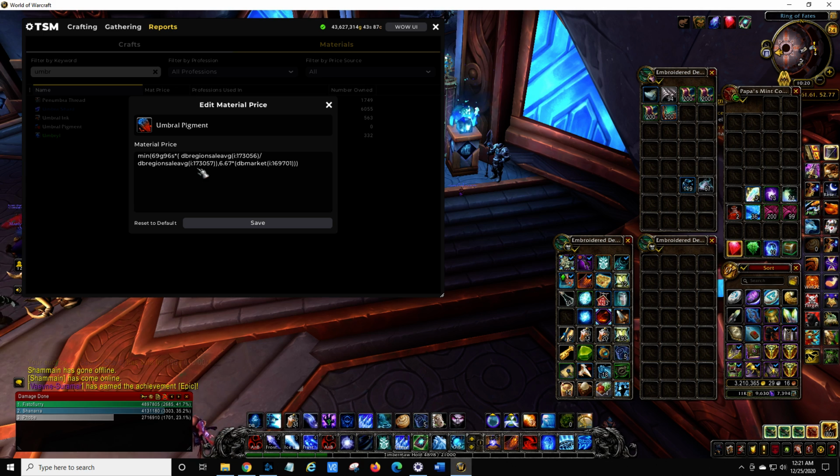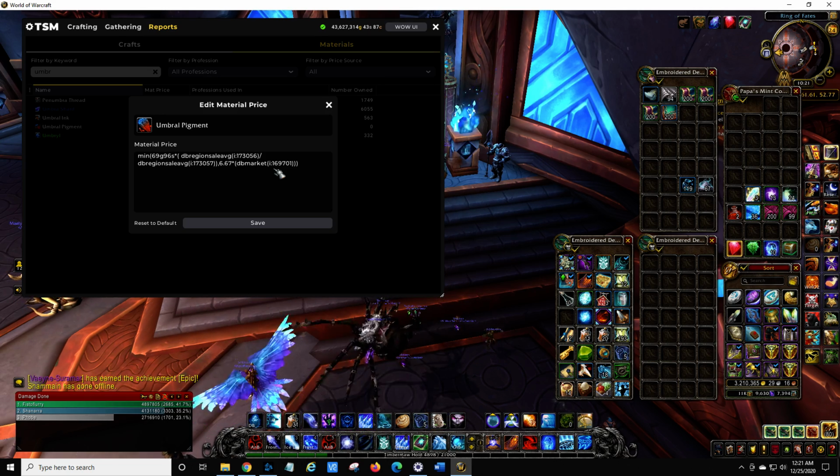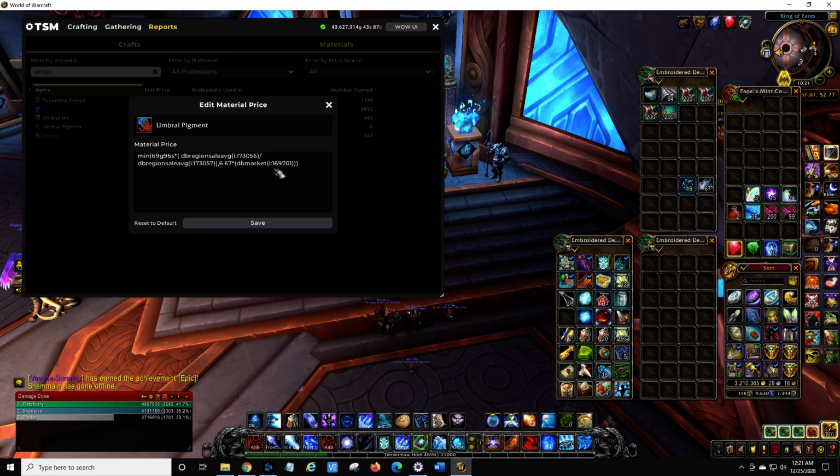I've added some additional stuff here, but anyway, I'm doing the minimum times the umbral pigment divided by the luminous pigment. I've also added a value here for death blossom, the rate at which you get umbral pigment out of death blossom.